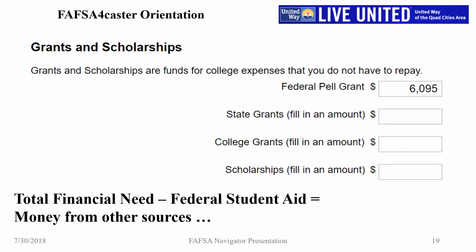Earlier in the FAFSA Forecaster's aid calculations, we are reminded to search for and receive state level and school level assistance, plus need and merit-based scholarships. Every year, you may be searching for and collecting school financial assistance from a wide variety of sources.